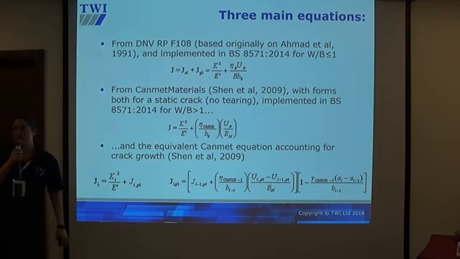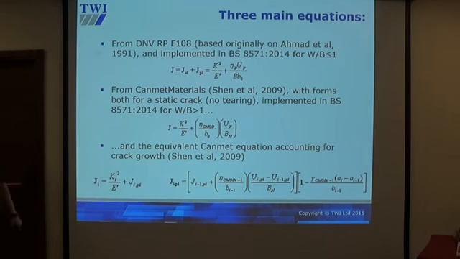The three main equations I'm going to be talking about are the ones that we're already using in BS 8571, and the main one is from a recommended practice published by DNV for pipeline girth welds under high strain conditions, DNV F108. That's the main SENT recommended practice, so for the standard we'll take that equation for J and use that as the main one to give people a bit of continuity when picking up and taking on the new standard.